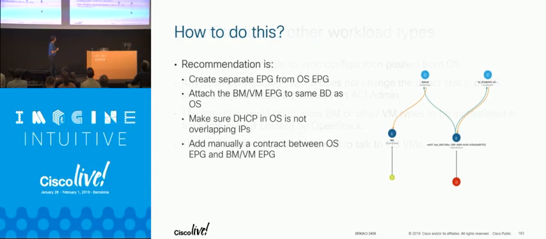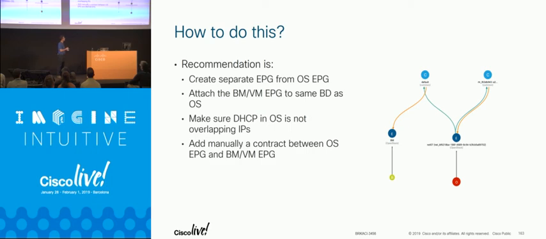Well, the recommended way is this. You've got your Neutron network. O stands for OpenStack, so you've got your OpenStack domain attached to your Neutron network. The ACI administrator can create in ACI other networks for other types of workloads, for example bare metal, or other types of virtual machines.